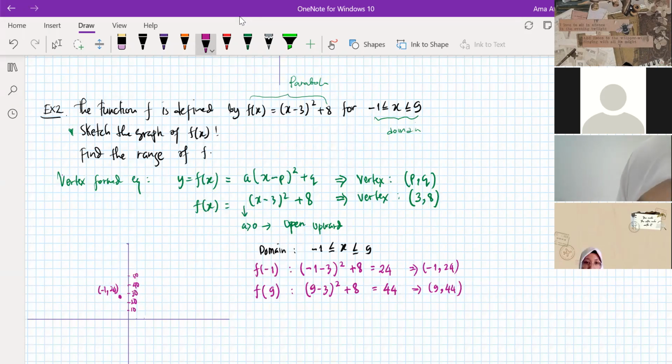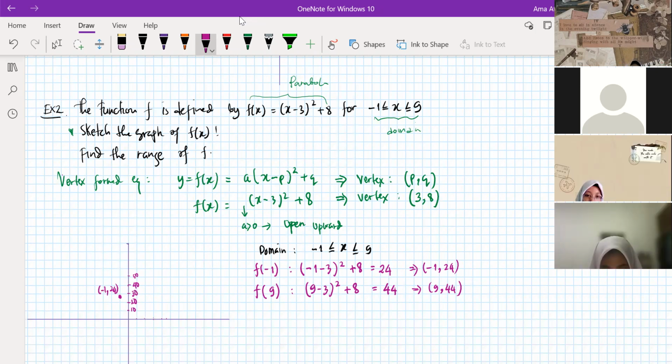So let's say 2, 4, 6, 8, 10. So 9 is here, 9 is 44. Or maybe like this: 1, 2, 3, 4, 5, 6, 7, 8, 9. 9 is 44. So it is 9 comma 44.